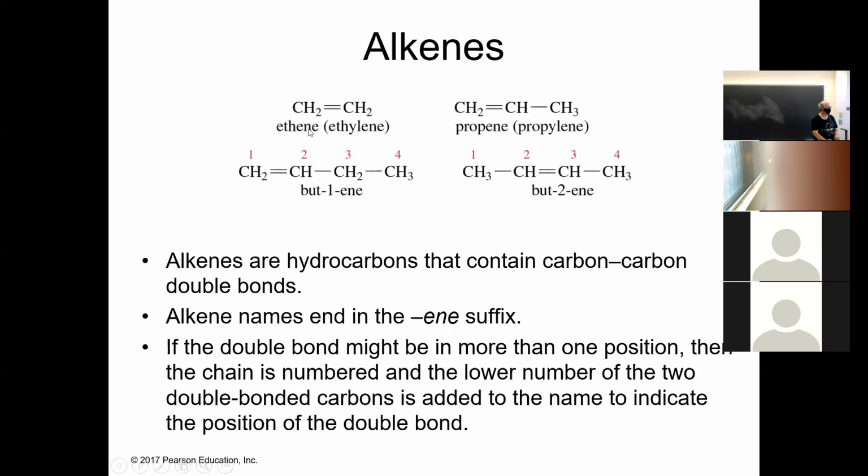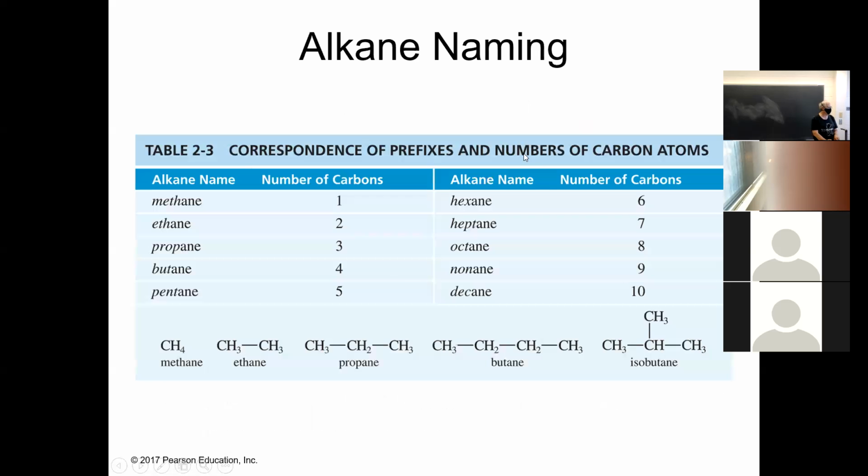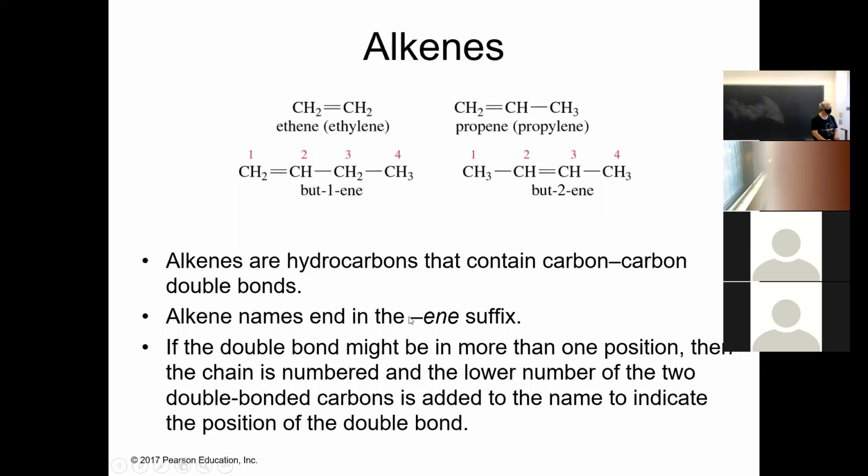And we'll talk about that in more detail. Propene or propylene. You notice the similarity here to ethane and propane. Okay, alkenes will end in ene. But we'll talk about how to systematically name alkenes when we come to that chapter. But we can recognize alkenes, they'll have an ene suffix.